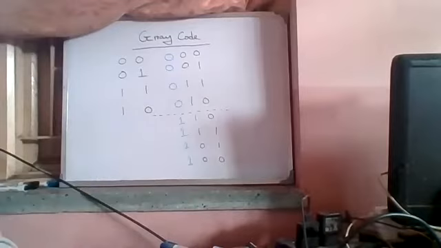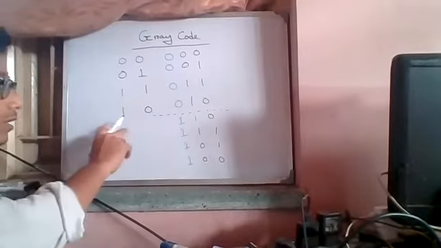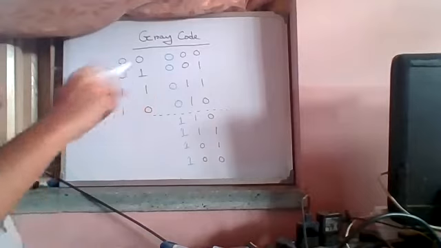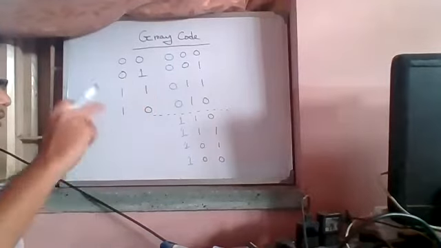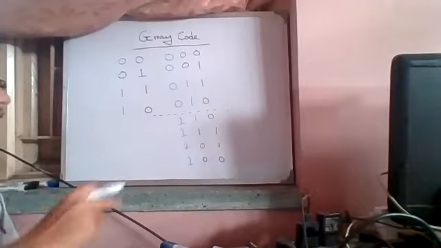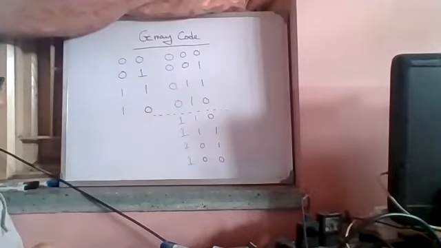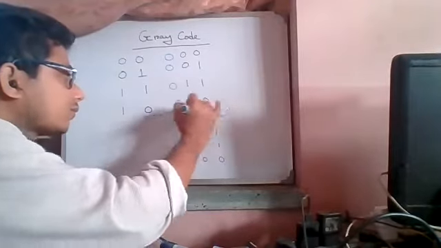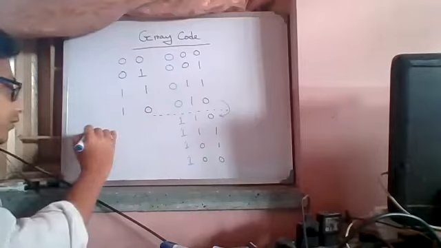So this becomes the 2-bit to 3-bit Gray code. And from this property of the Gray code we can say that these Gray codes are self-reflecting codes. From here to here we are reflecting it. So they are self-reflecting codes.